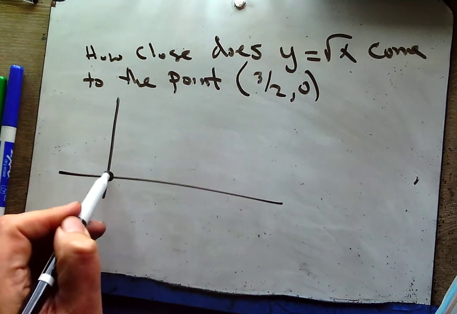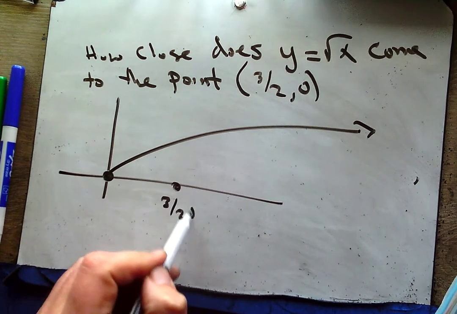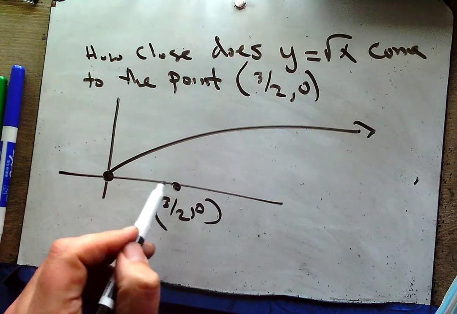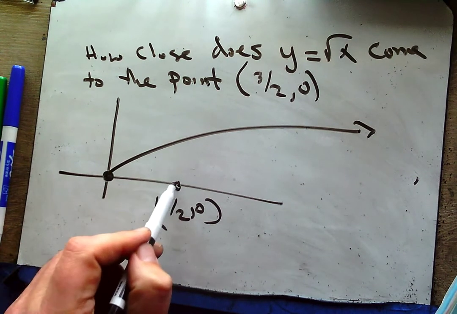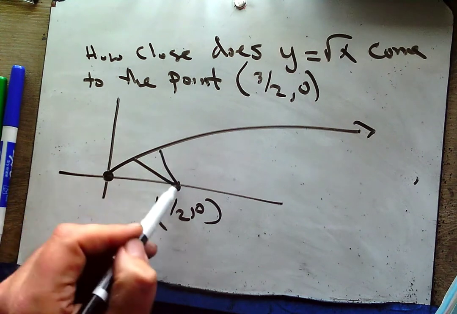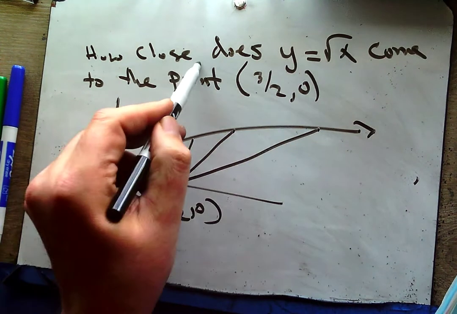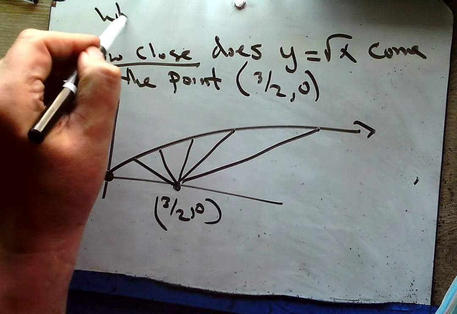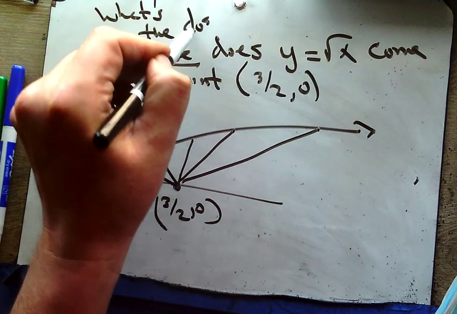Okay, so here's my square root of x graph. Here's the point 3/2, 0. Look at the distance from this point to that curve. How close? What's the closest?